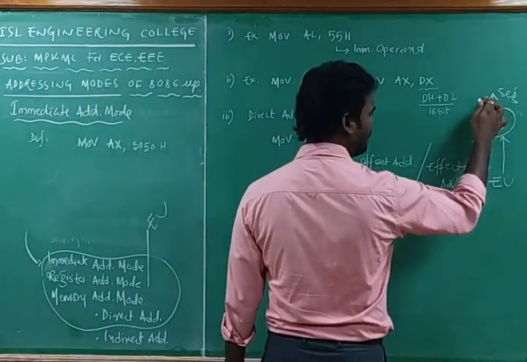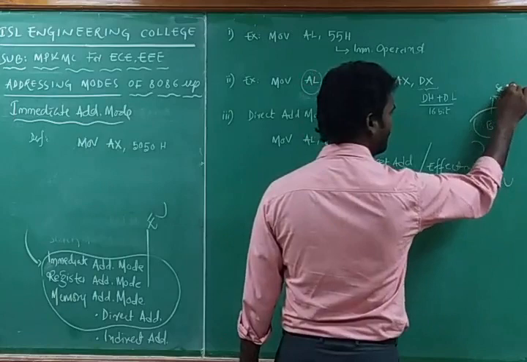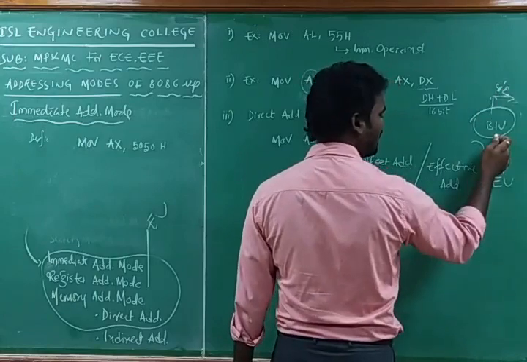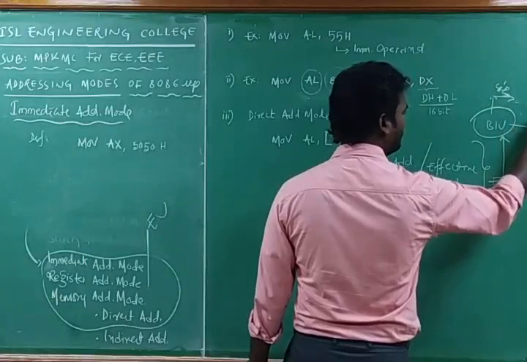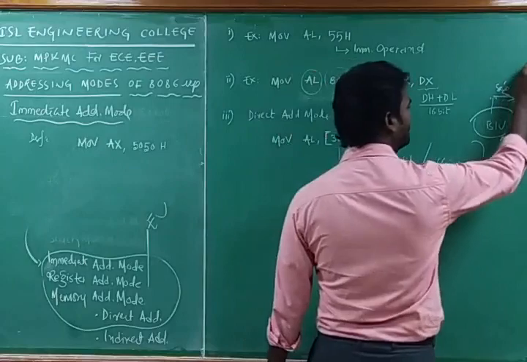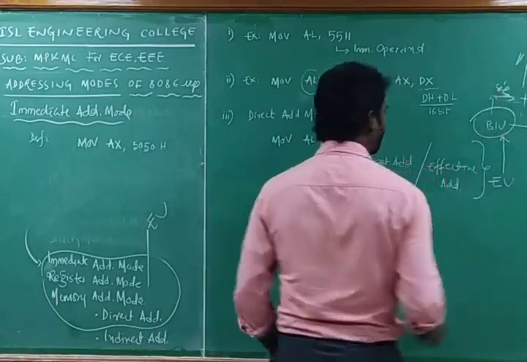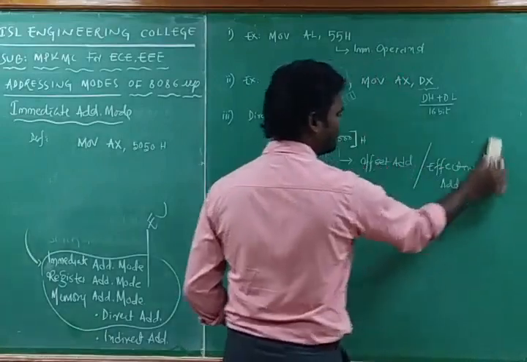Here the bus interfacing unit has the segment address, and the execution unit gives the offset address, so that the offset address and the segment address define one particular address, that is called the physical address.